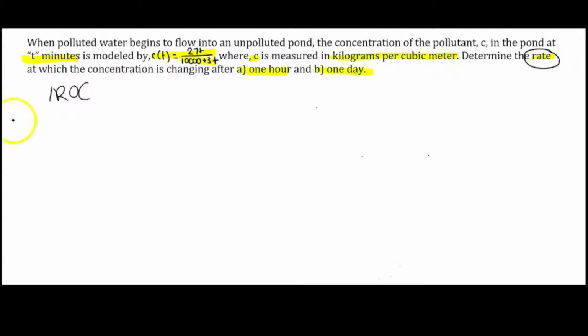There are 3 steps in finding the instantaneous rate of change. The first step is adding and subtracting 0.01 from the time that you want to find the IROC. So in this case, it would be 1 hour and 1 day. Then we will take those 2 times and plug them into our equation.